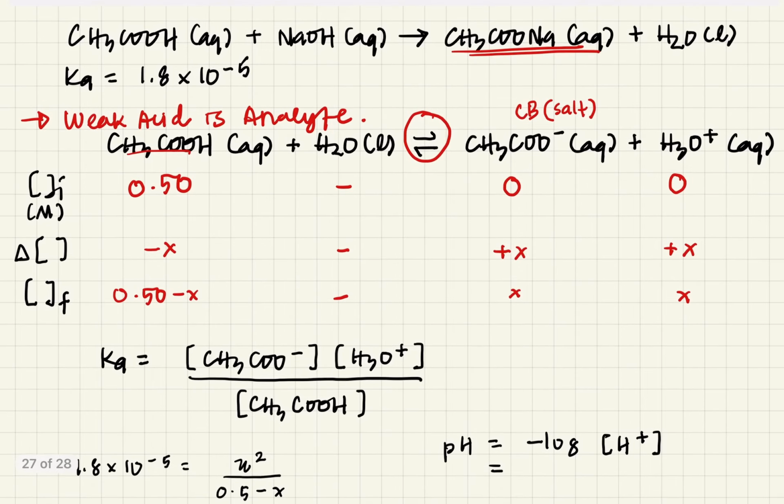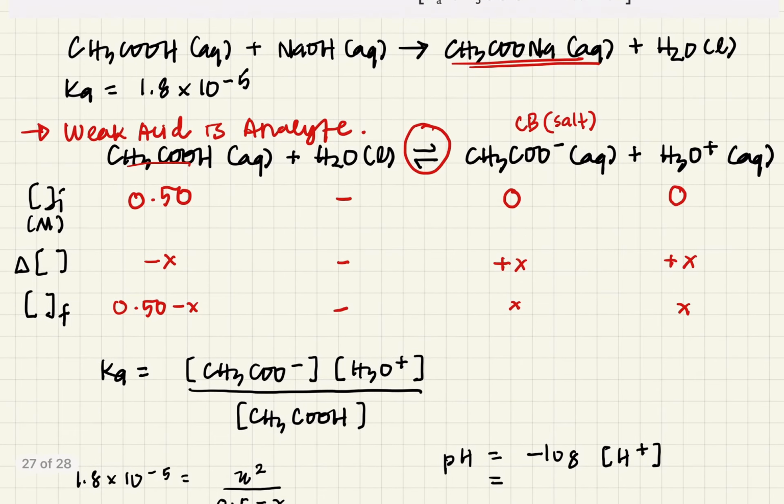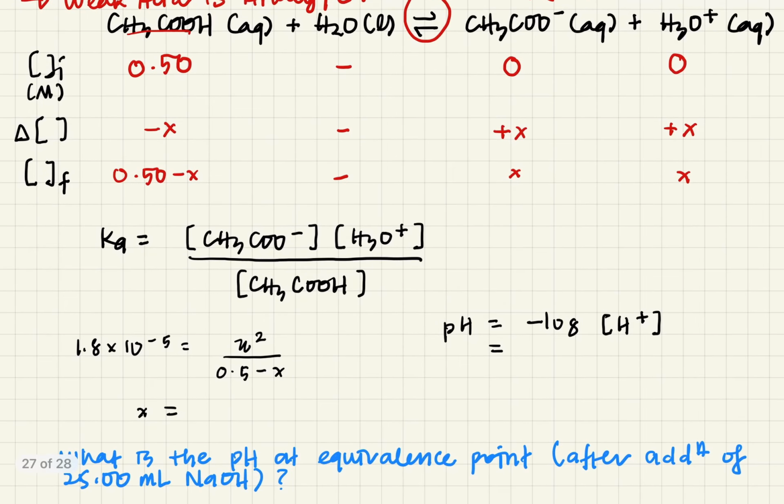Okay. So since Ka is given, from your chemical equation, you can find the expression for the Ka of your weak acid. Okay. So masukkan the values from this table.